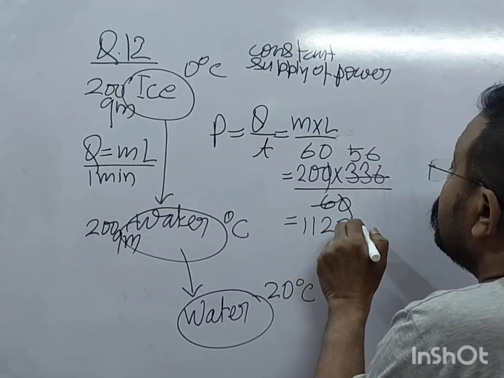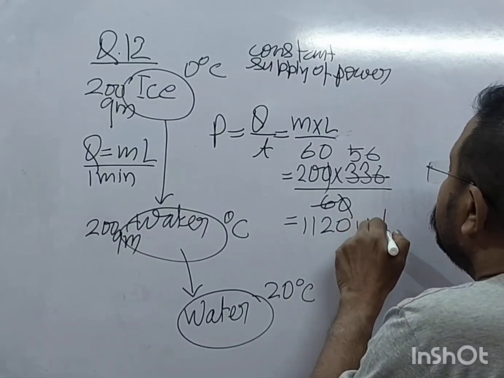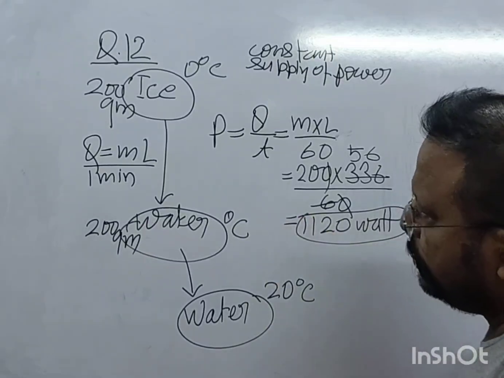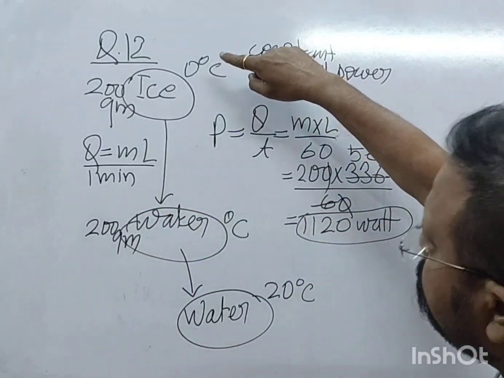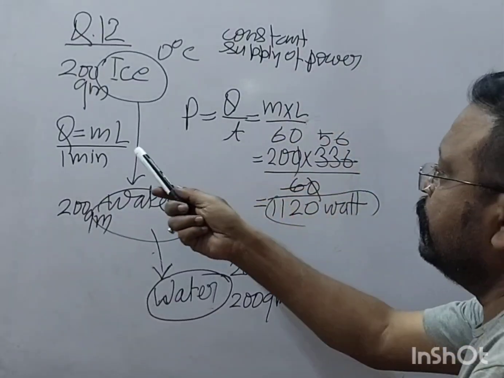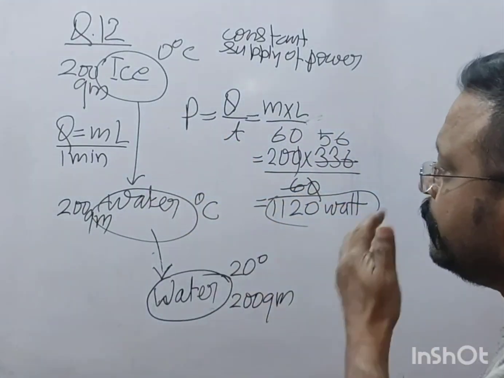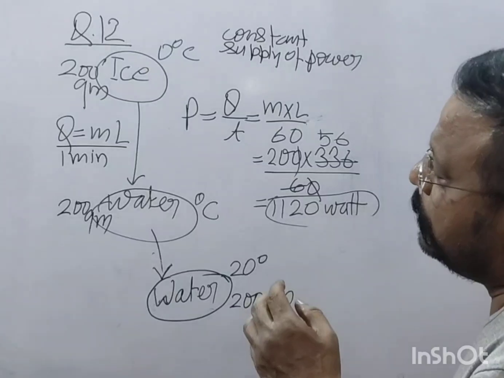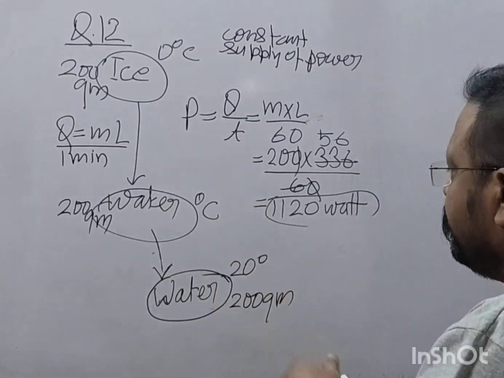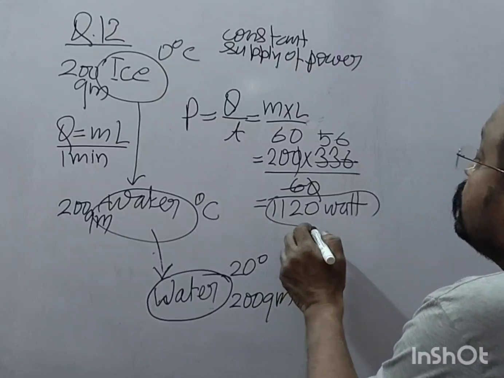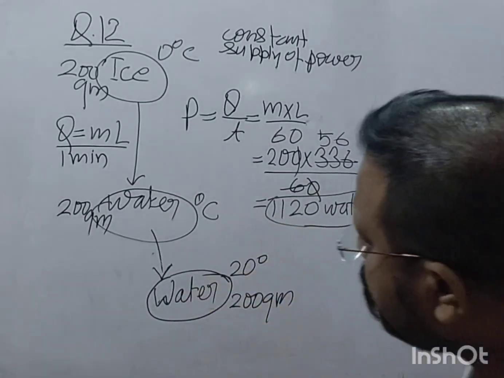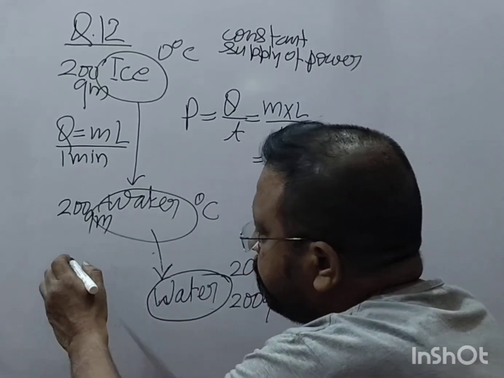So 1120 watt. This much power is given to convert 0 degree ice to 0 degree water. That power for converting 200 gram of ice at 0 degree Celsius to 200 gram of water at 0 degree Celsius is 1120 watt.